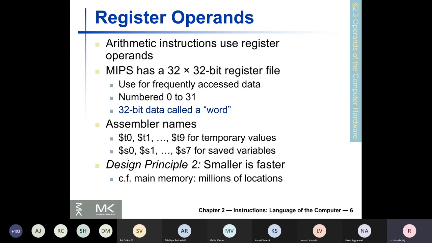So the processor needs to wait till it gets the necessary value from memory. Okay. Later on, when we study cache memory, we will study techniques to try to solve this problem.